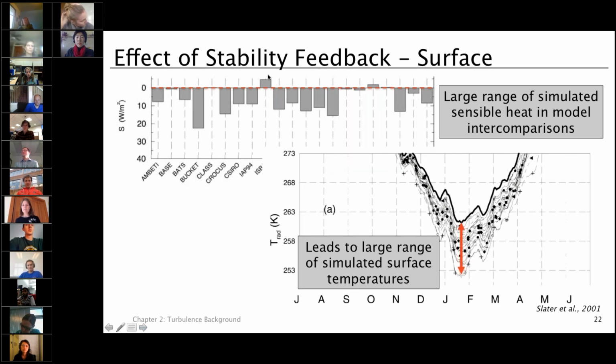And this led to a very large range of the simulated surface temperatures. Particularly in the middle of the winter, you could see ones here that didn't allow any mixing and just kept cooling all winter long. The site was far north in Russia, and ended up with surface temperatures that were over 10 degrees C colder than other sites and than observations.